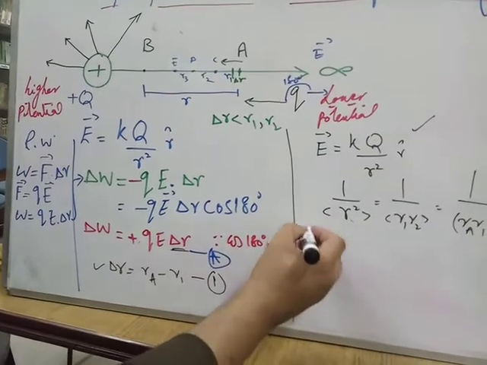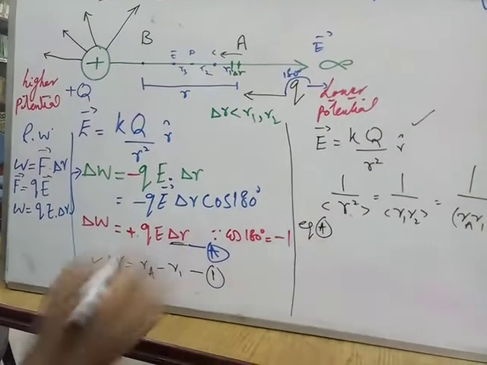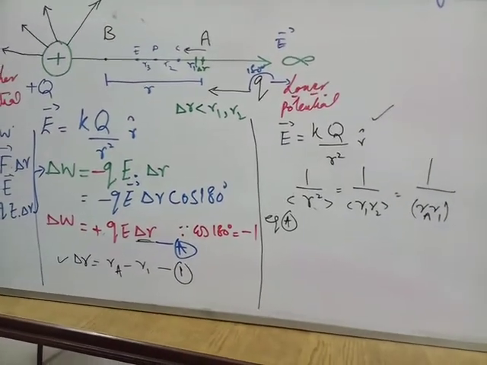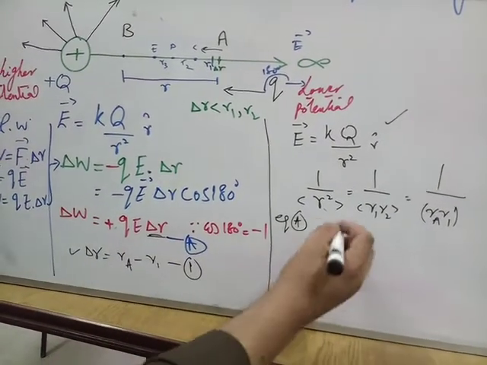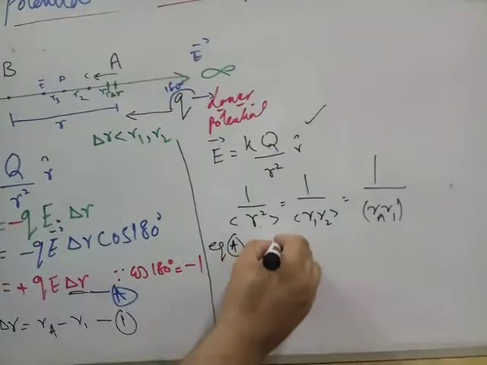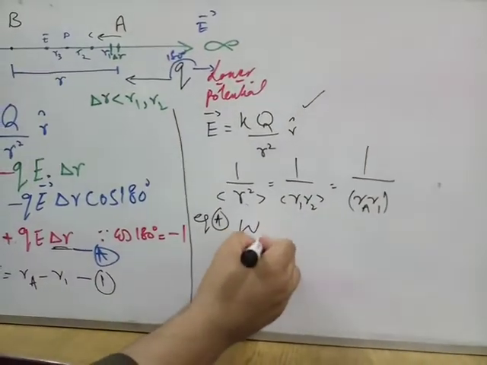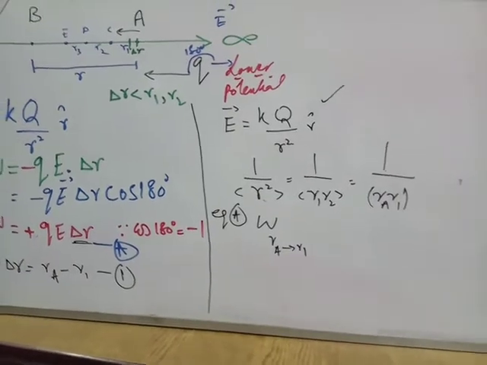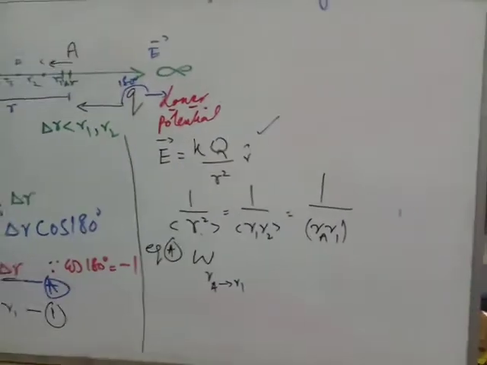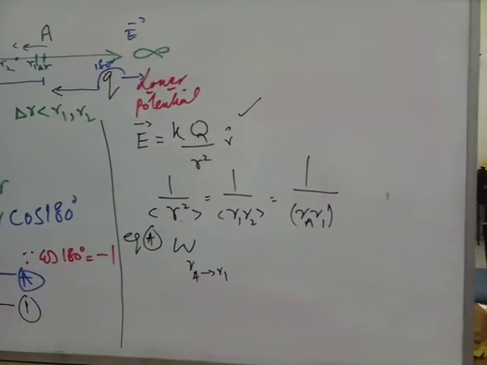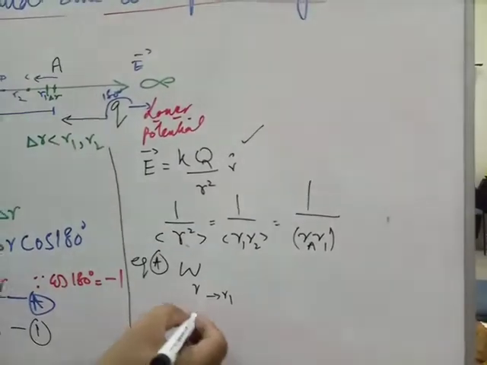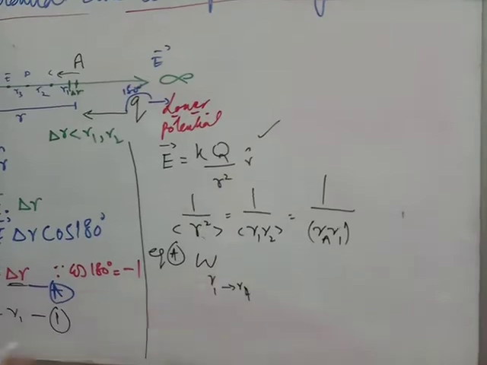So equation A will become, and this is the work done from R1 to RA. In the book they write from R1, and because we are moving toward this point, so we follow the book.